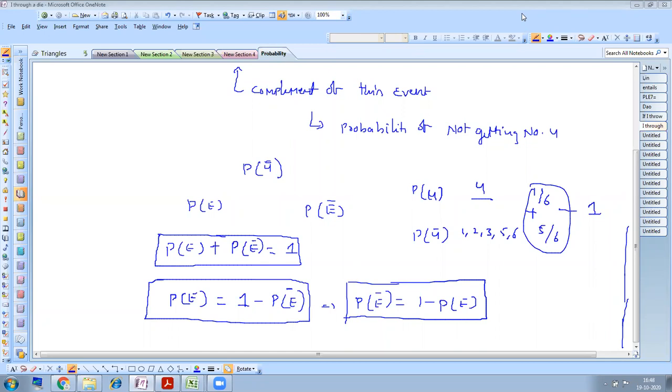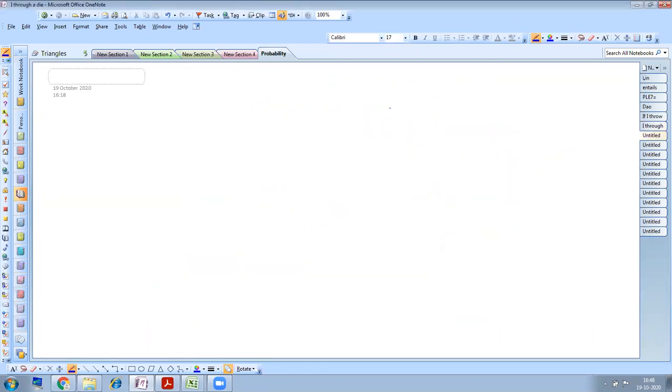Now, one card is drawn from a well shuffled deck or pack of 52 cards.